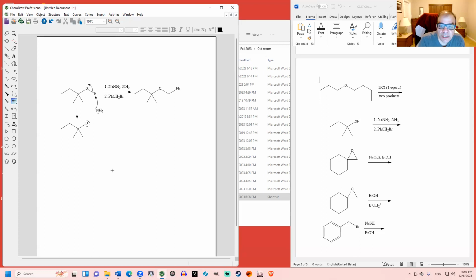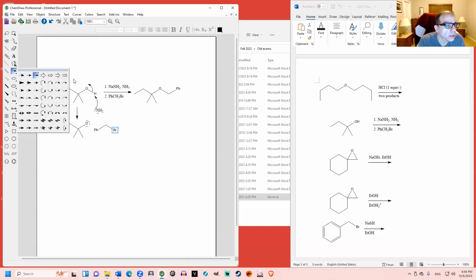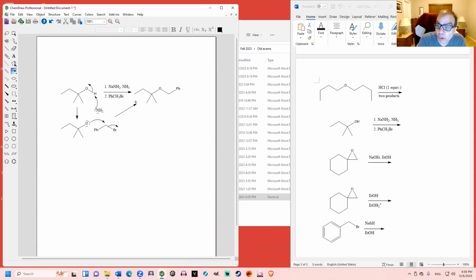So you get O minus where there had been OH. That now does an SN2 reaction on benzyl bromide. And you get the ether. Of course, the way the question's phrased, you don't have to show the mechanism. I just want to prove to you that this is the product that you get.